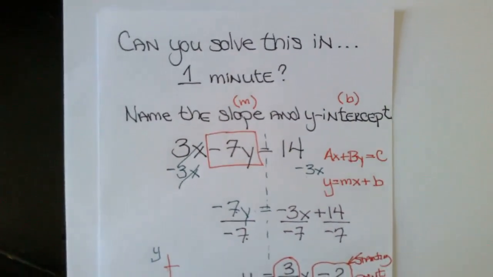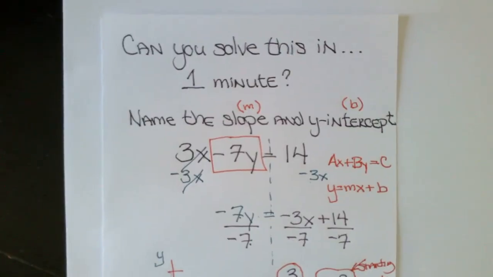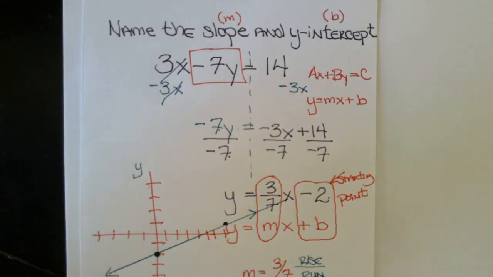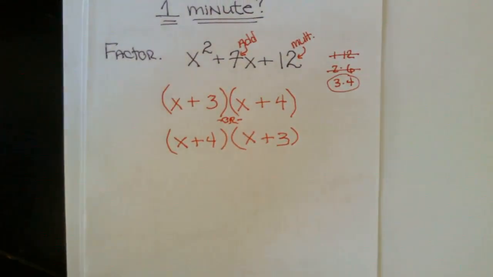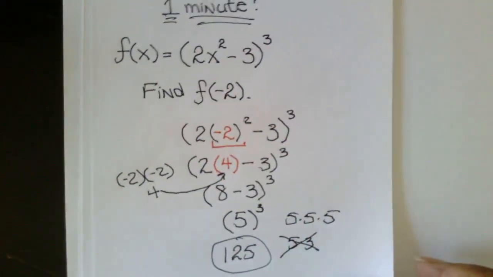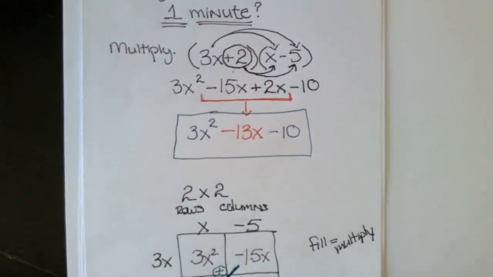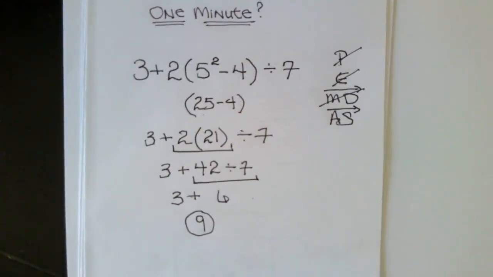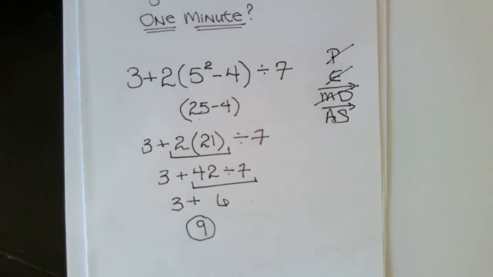All of these concepts, going from standard form to slope-intercept form, doing some factoring, breaking down square roots, also doing a little function notation, then our distributive property, and it all started with order of operations.